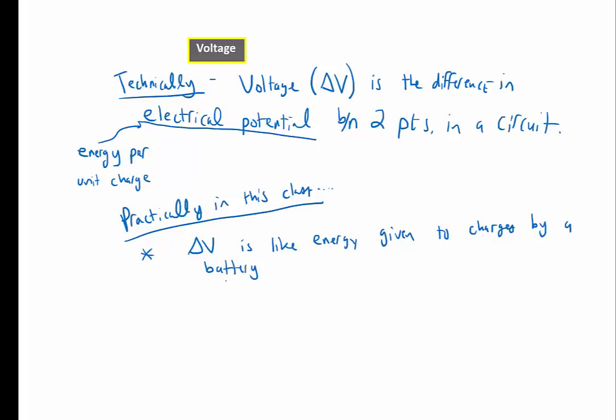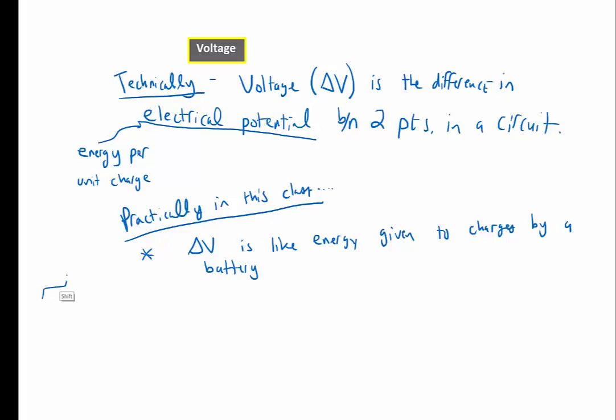I'm thinking of a gravitational example like an escalator, storing energy in the gravitational field, or a change in gravitational potential energy. Voltage is kind of like this charge escalator that's giving charges energy. So delta V is like energy given to charge by a battery.